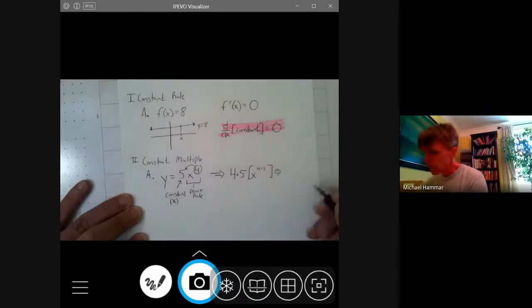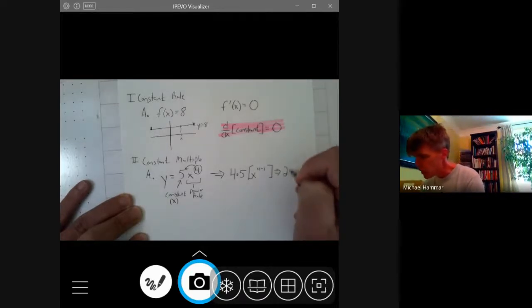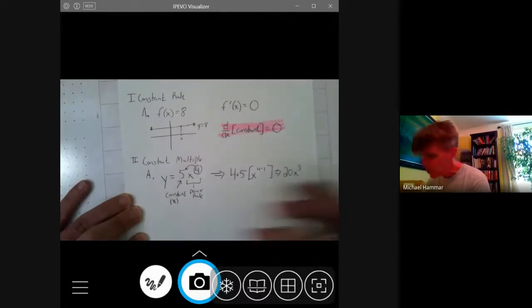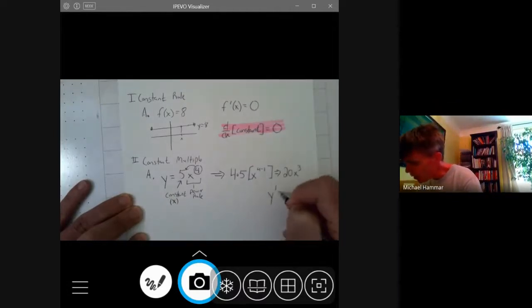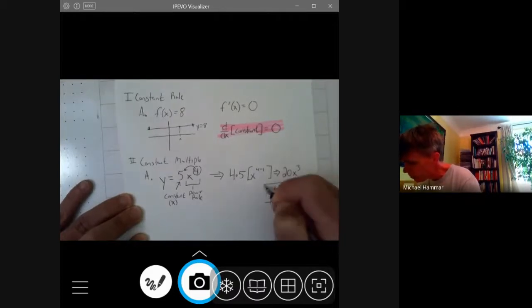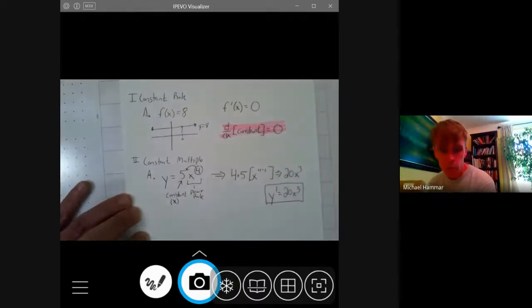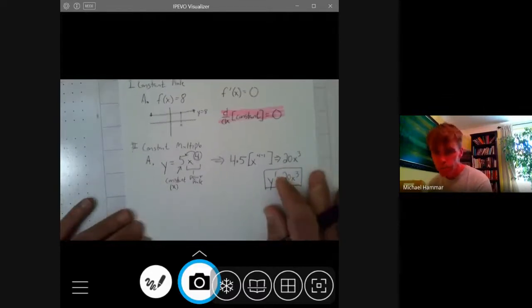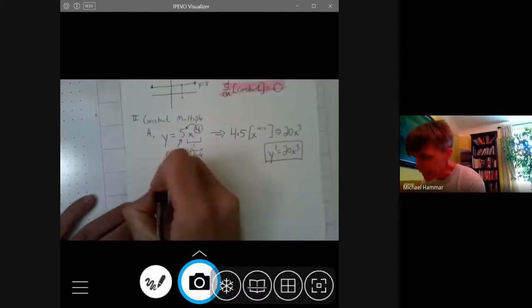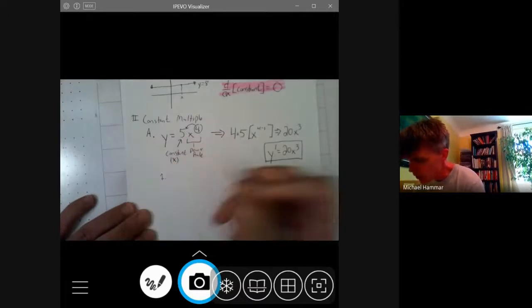So what is our final derivative? Well, it's going to be 20x to the 3rd. So y prime equals 20x to the 3rd. And that is how the power rule works. Okay, so what does that look like in terms of just a generic formula?